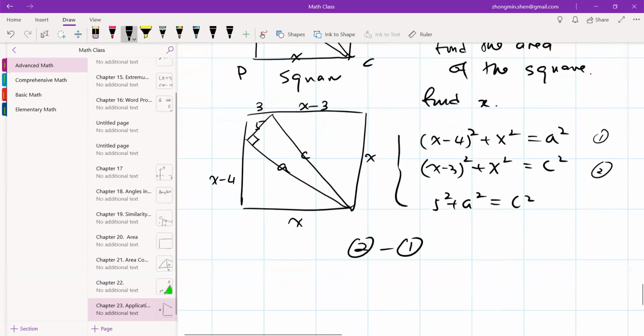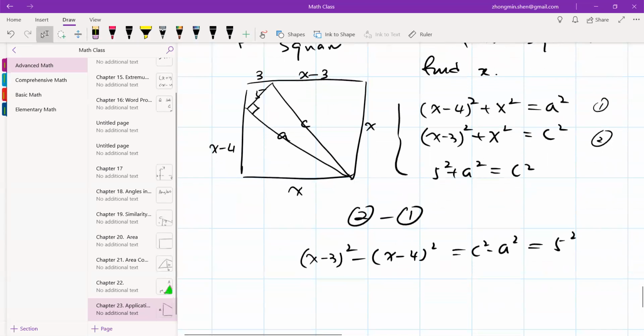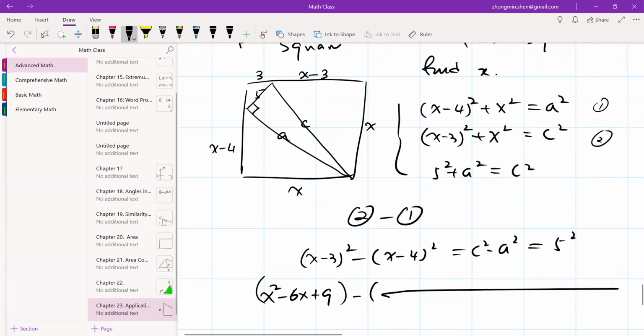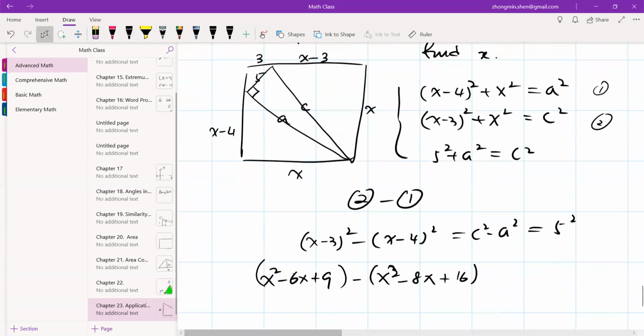So x minus 3 squared minus x minus 4 squared equals c squared minus a squared, which is 5 squared. Then it's done. Okay? So you will get x squared minus 6x plus 9 minus x squared minus 8x plus 16, okay, equals 25.